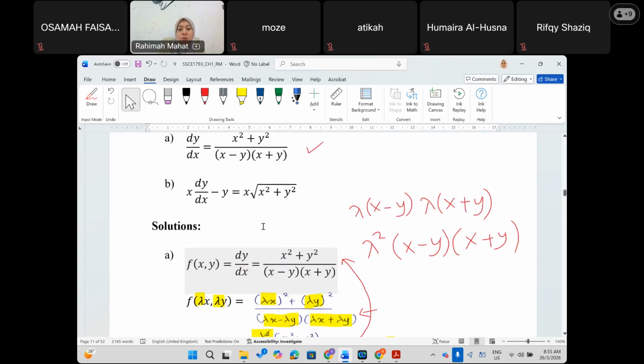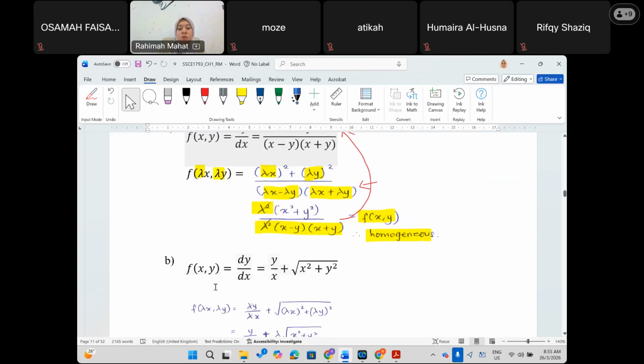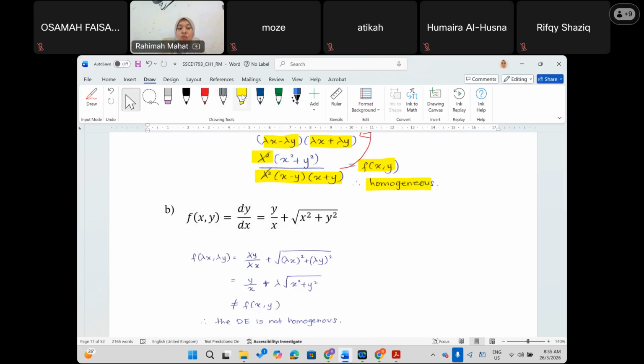So from here, you can make a conclusion that it is homogeneous. Okay, for B, similar steps as well. Given the equation here, you need to times with lambda, so lambda x and lambda y. You times all the lambda in the equation.